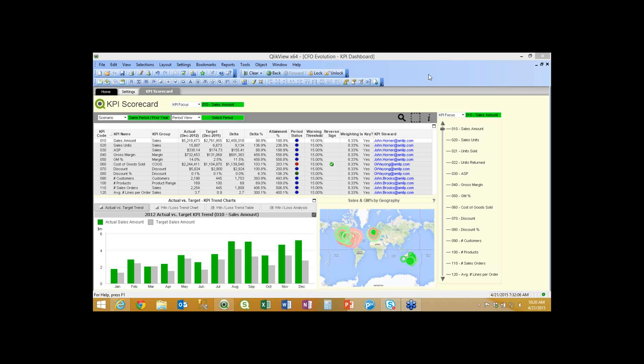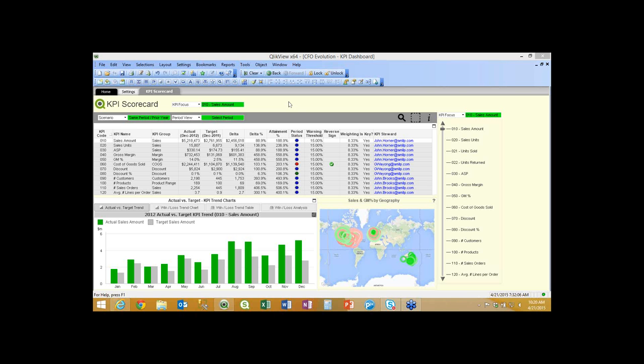And really that's what I want to do now, is switch over to walking through an example, an illustration, if you like, of a KPI dashboard. We've now switched off the PowerPoint. You can see here an example of a KPI scorecard that we have put together.